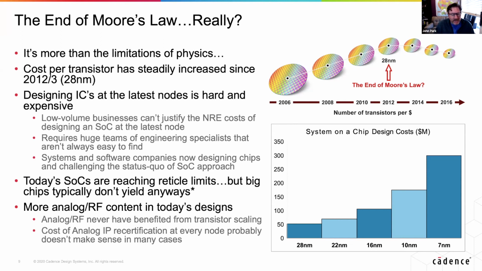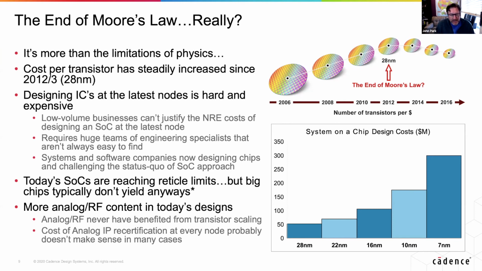And then of course, the world of analog and RF and to some degree mixed signal. Analog and RF don't scale like digital does. It's not, take my transistor, make it half the size, and it still does the same thing. The world of analog, and certainly RF, doesn't look like that.